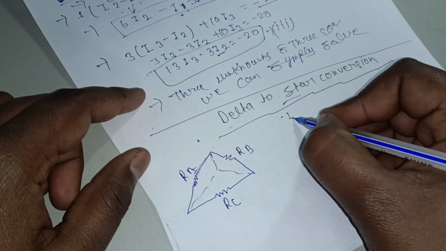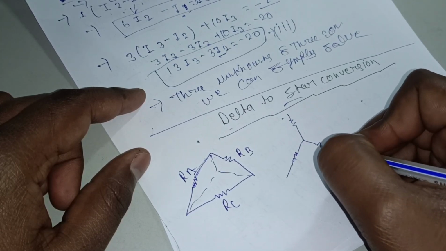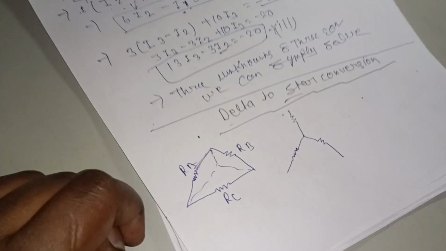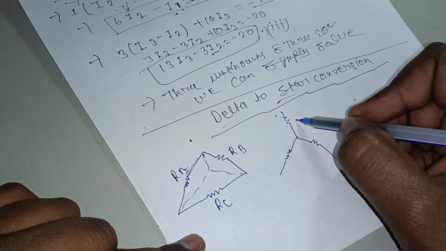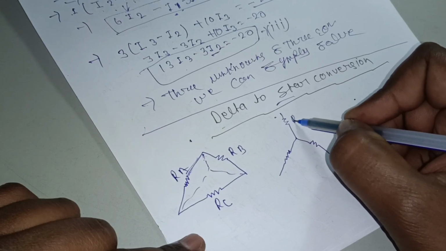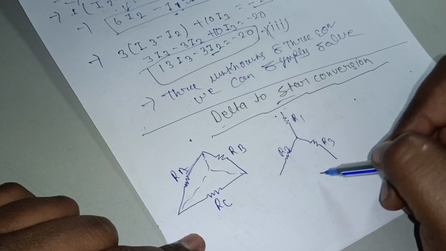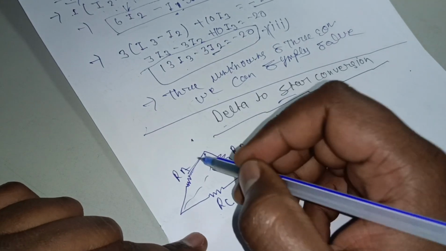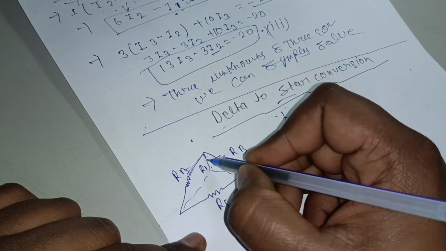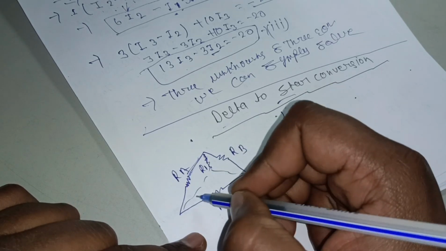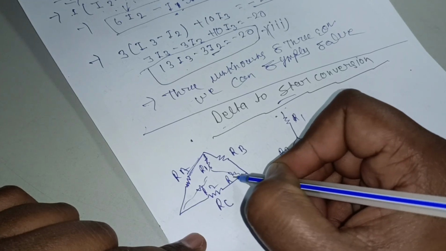This is the star, with resistances R1, R2 and R3. I am drawing it under this so that it is easy to explain.